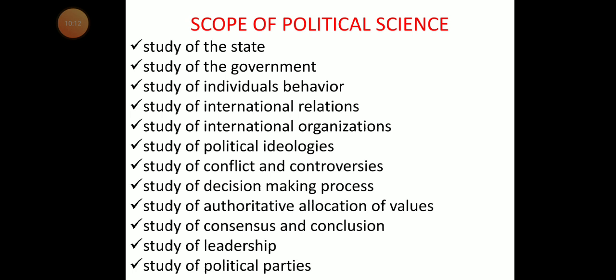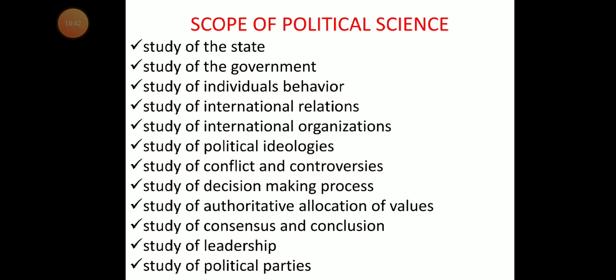So we study how these authoritative rules and regulations are made, how goods and services are distributed among the people, and how rules are made for the people. So this is part of the subject matter of political science, and it comes in the scope of political science.